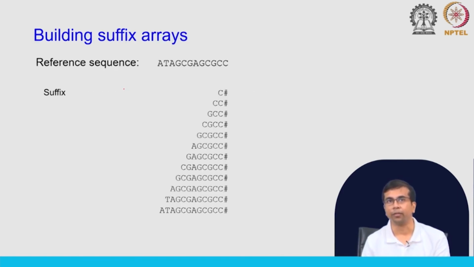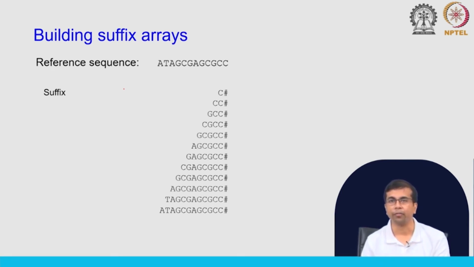Here is a reference string again, and we have all possible suffixes of that reference string, and we are again denoting the end of the string by this hash sign. We have written down all the suffixes here. If you remember the definition we just mentioned, a suffix array requires lexicographical, or alphabetical, sorting.